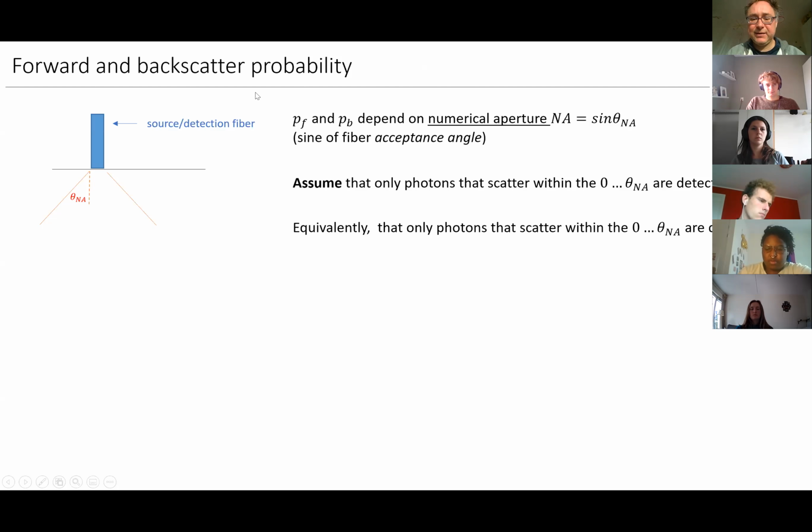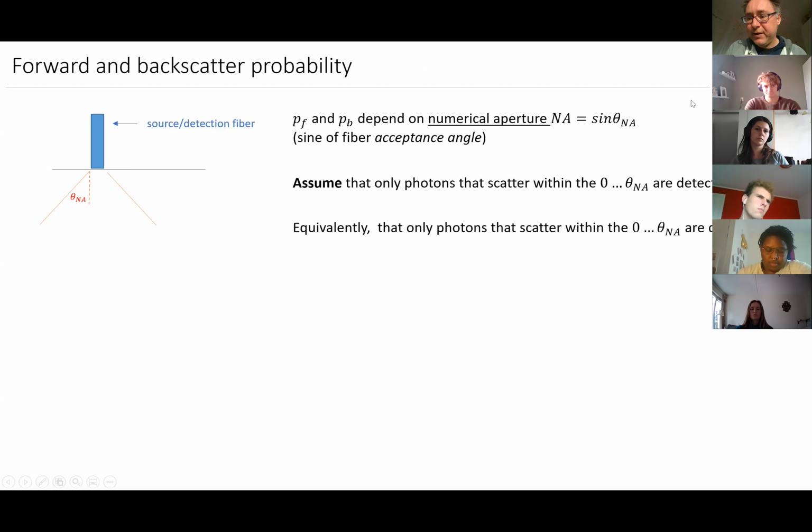That effect is given by the so-called numerical aperture, which is defined as the sine of the acceptance angle. Only light that hits the fiber with an angle less than or equal to this acceptance angle will actually be guided in the fiber, and the rest will not be guided to the detector.